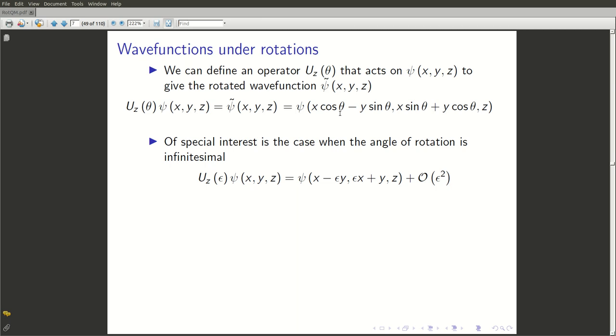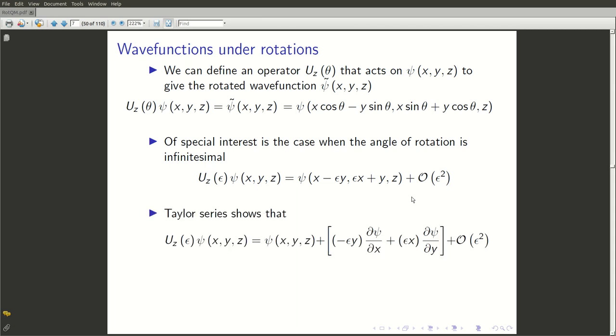and hence x cos theta minus y sin theta for theta equal to an infinitesimal epsilon becomes x minus y epsilon, x sin theta plus y cos theta becomes x epsilon plus y, and z. Of course, all this is correct only up to order epsilon. This has corrections of order epsilon squared. Now, all we are saying is that this is the same function as psi but evaluated at slightly different points.